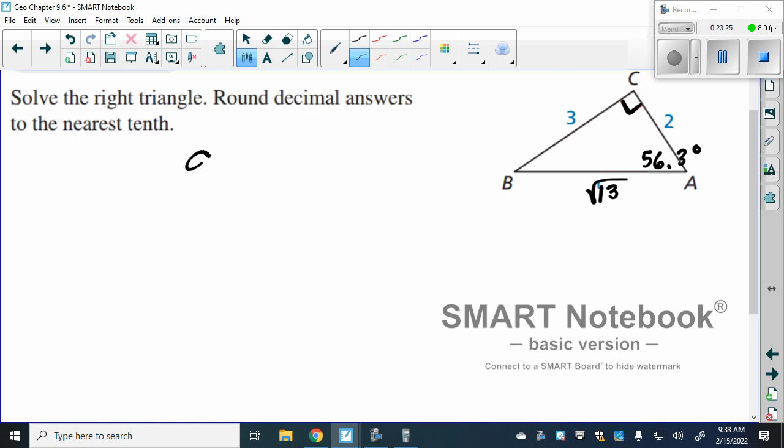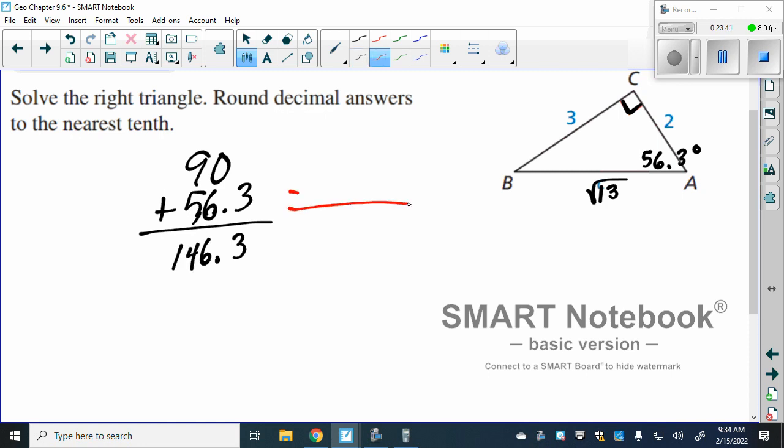Well, we can add those together. 90 plus 56.3. And if we add these two together, well, we'll have the 0.3, 146. And we can subtract 146 from what? 180. So angle B would be 33.7 degrees.